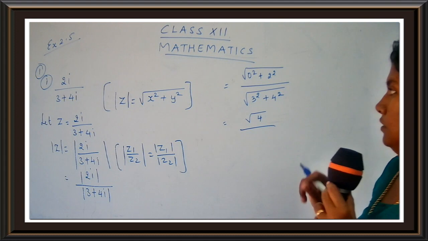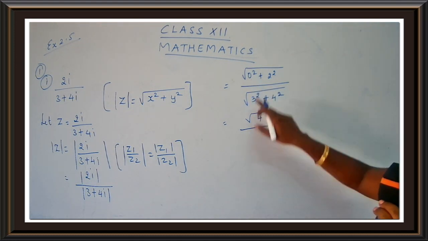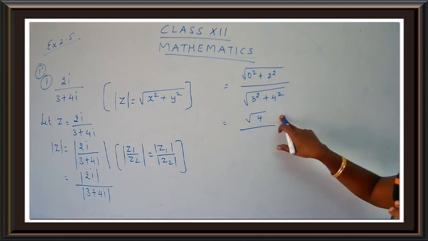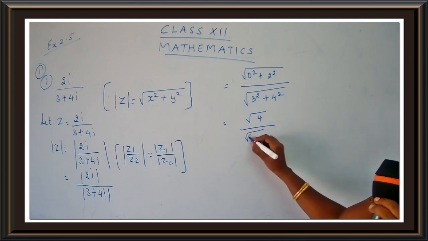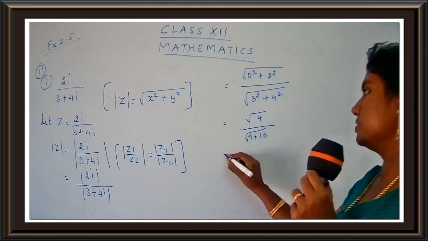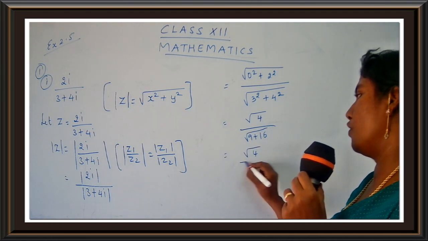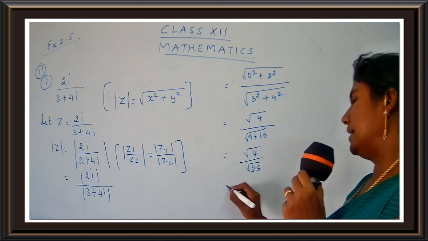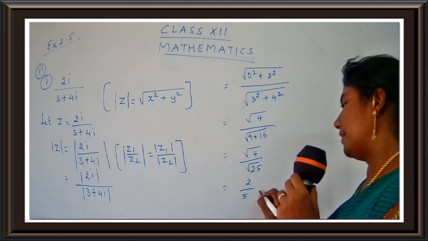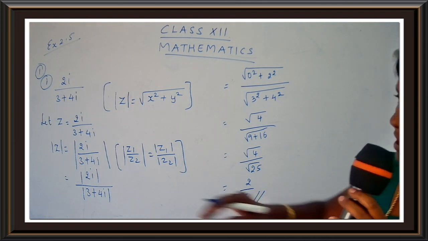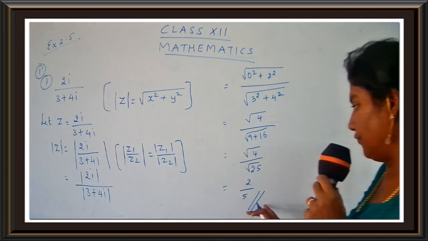So 0 plus 4 is 4. 3 threes are 9 plus 16. So this is root 4 upon root 25. I get the answer as 2 upon 5. So the modulus of 2i upon 3 plus 4i is 2 upon 5. Write down the answer, children.